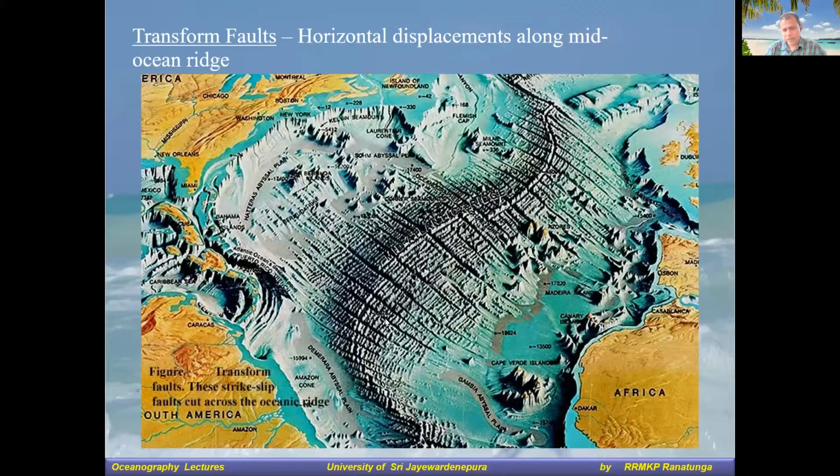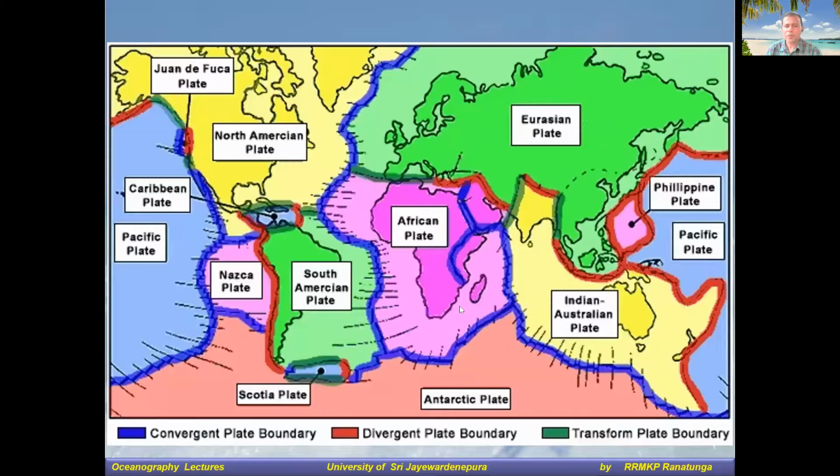This one is separated from the other plate, like here, right? They are moving side by side. And another one here, one here, like it's changing the direction. Even here, a little bit of movement, right? So it's very obvious, the transform plate boundary, right?